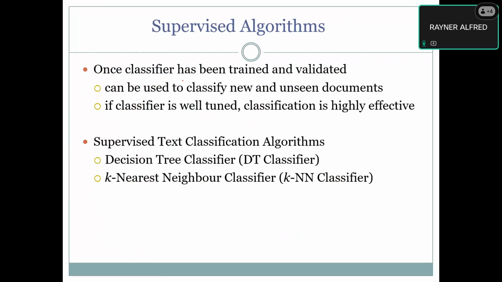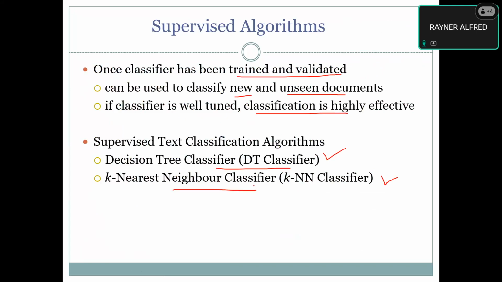So that is the run through of the actual classification process. Once the classifier has been trained and validated, it can be used to classify new and unseen documents. If the classifier is well tuned, then the classification is highly effective. So today we will cover these two: the decision tree classifier and also the K nearest neighbor.